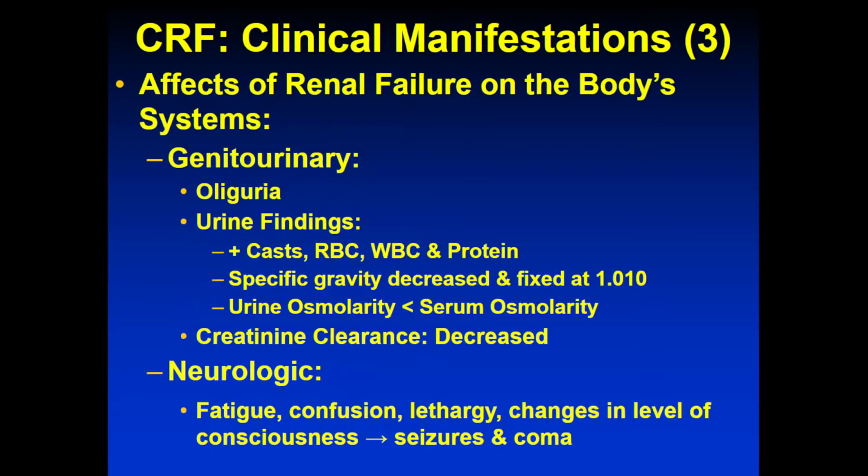The next, effects of renal failure on the body systems. These are genitourinary, with oliguria, urinalysis findings with the presence of casts, red blood cells, white blood cells, and protein.